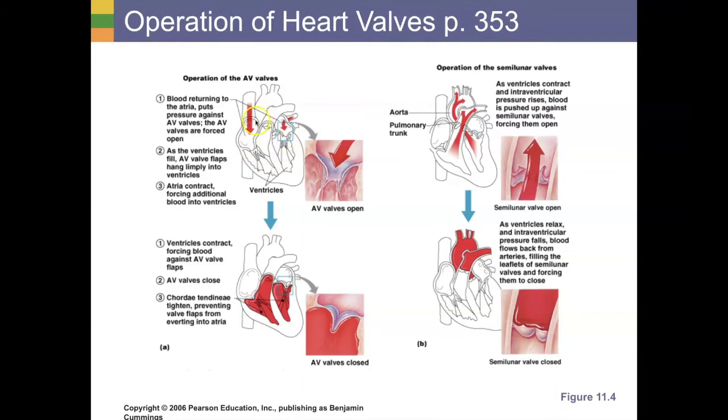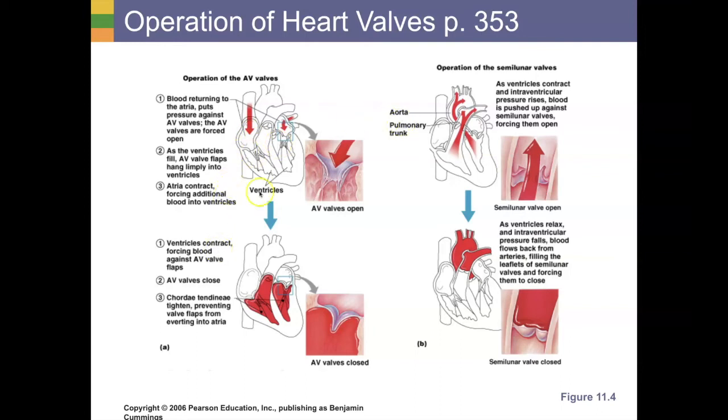Of course, the atria are also contracting at that time, pushing it down in. The way these little valves work, it allows blood to push down this way, but it's not going to allow it to push back up because that would close the valve, which is what we see happening in the third step.